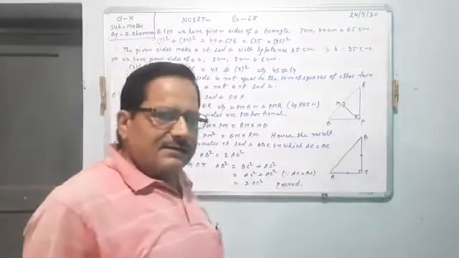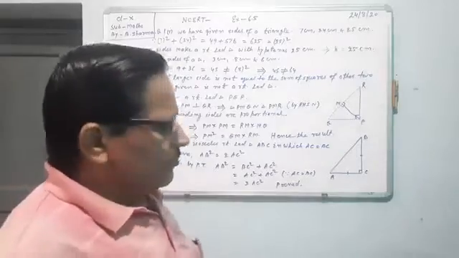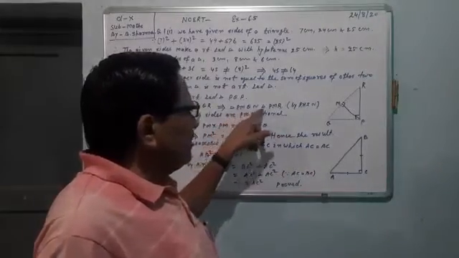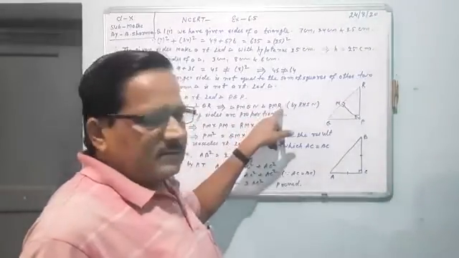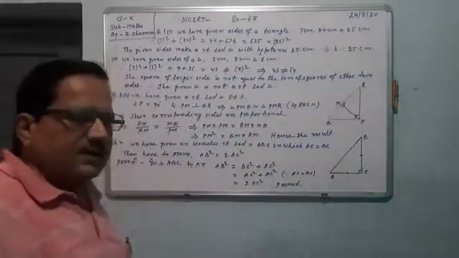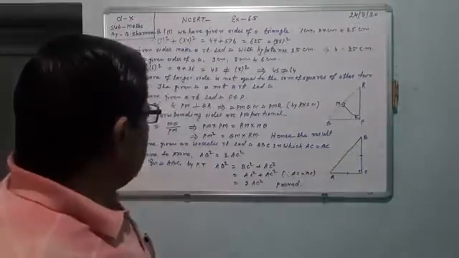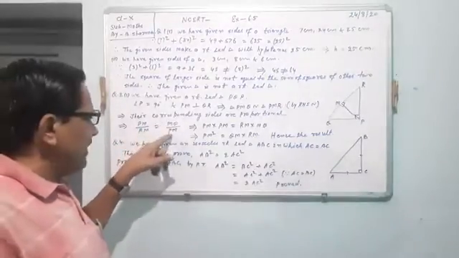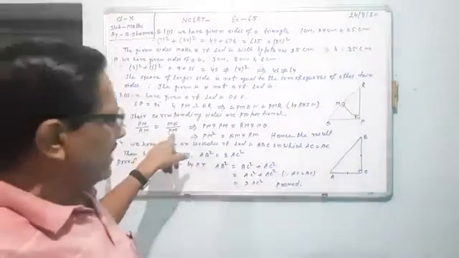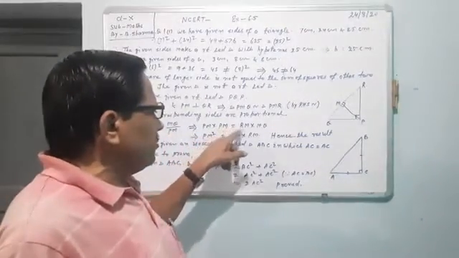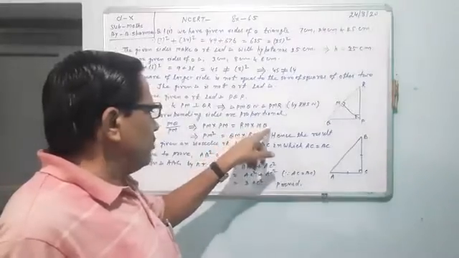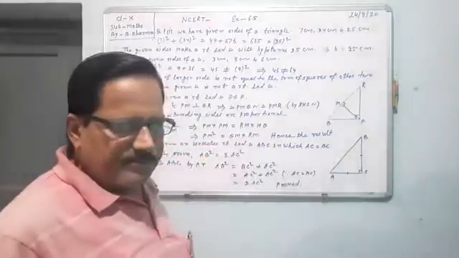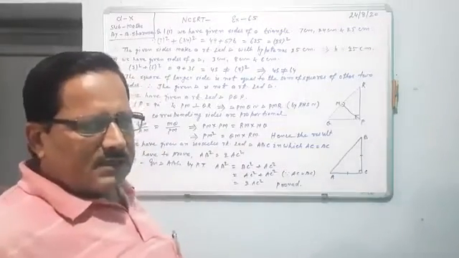By similarity, triangle PMQ is similar to triangle PMR, hence their corresponding sides are proportional, which implies PM by RM equals MQ by PM. By cross multiplication we get PM into PM equals RM into MQ. Hence PM square equals QM into RM. Hence we complete the result.